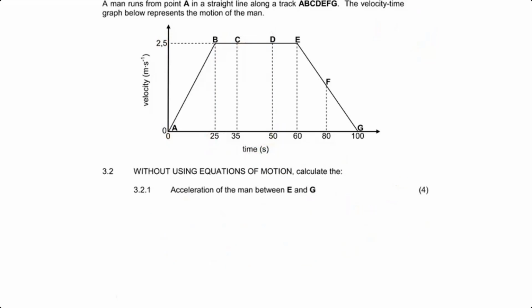Now we're asked, without using equations of motion, so just using the graph, we must calculate the acceleration of the man between E and G. So this is a velocity time graph, and the gradient of a velocity time graph gives us acceleration. Why?